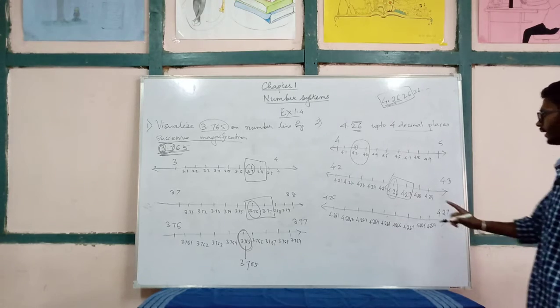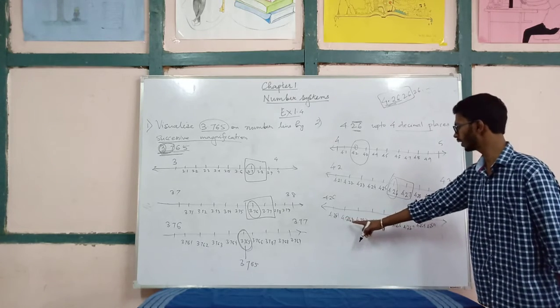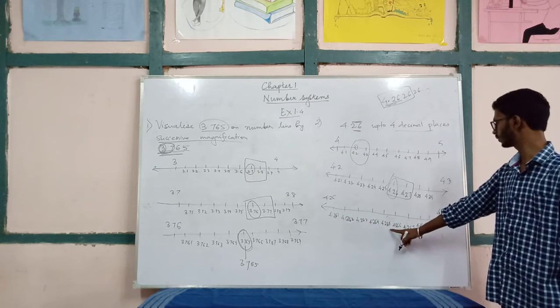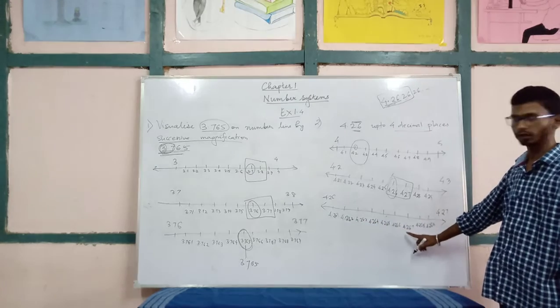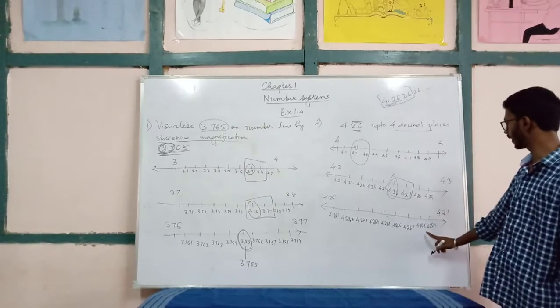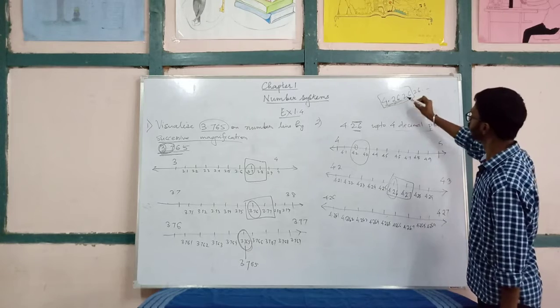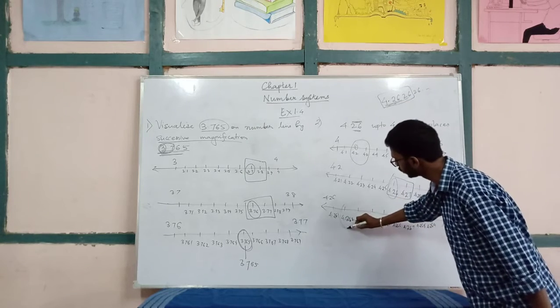Okay, so we'll write in this manner: 4.261, 262, 263, 264, 265, 266, 267, 268, 269 and so on. So now 4.262. So this is our 4.262.